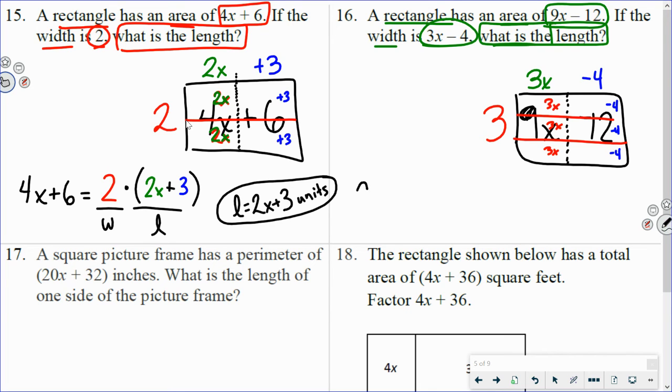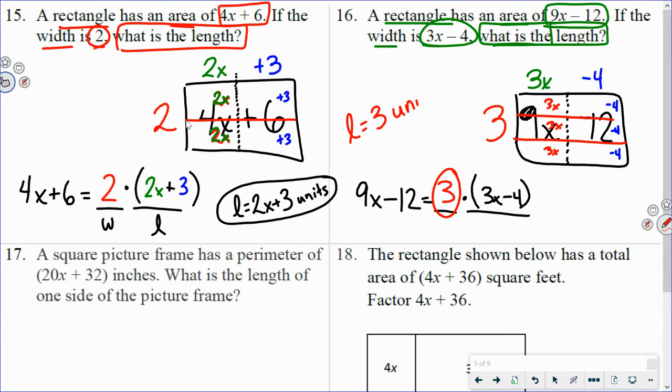So what we essentially did was we took 9x and a -12, and we factored it into a length times a width. In this case, they actually gave us the width of 3x and a -4, and we had to come up with the length. So our length we're going to write still does not say inches, feet, meters. So let's go ahead and write units.